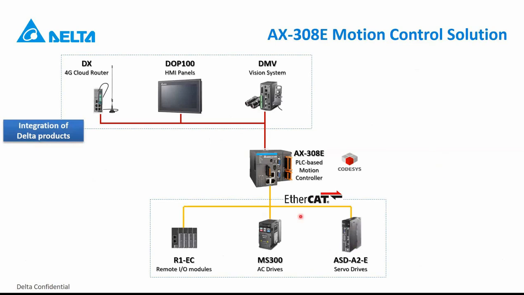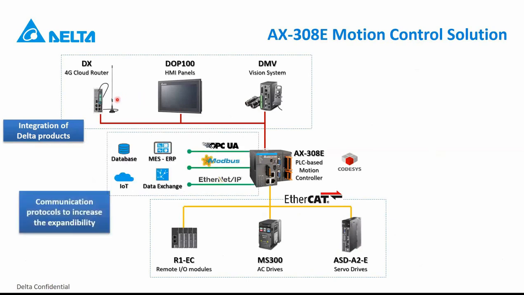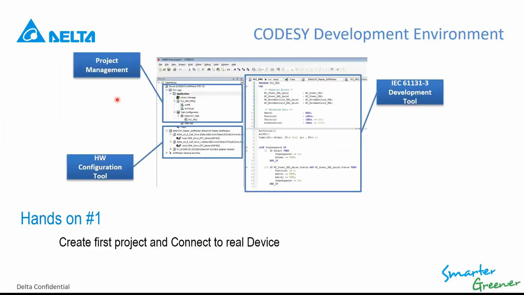Here the field devices communicate via EtherCAT, and then the upper layer communicates via Modbus, EtherNet/IP, or OPC UA. Okay, we said that today we are going to focus on AX8, and for AX8 we use the CODESYS development environment. So today we are going to talk about this environment together.